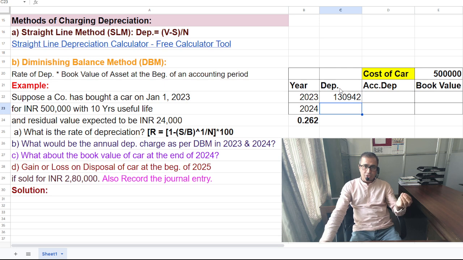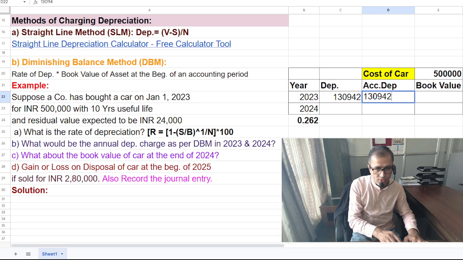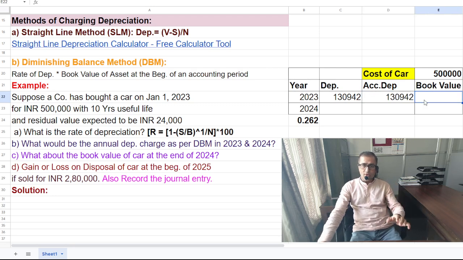So your depreciation is 1,30,942. Even the accumulated depreciation for this year would be the same, 1,30,942. Now what about its book value, friends? Book value is simply the cost minus accumulated depreciation, as I discussed in the earlier concept.